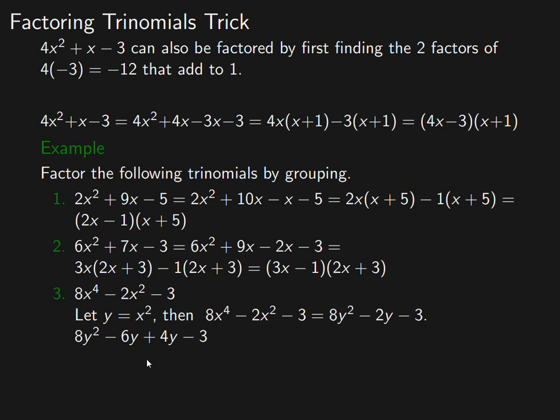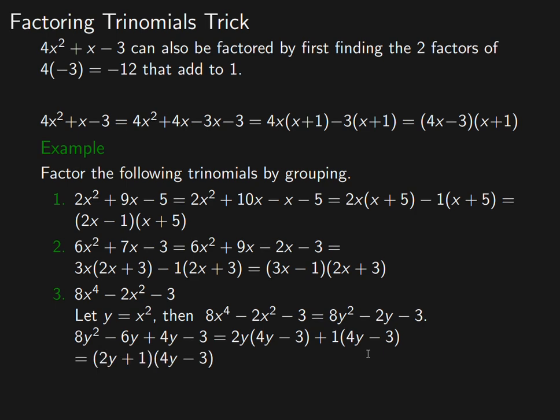So we'll factor out 2y from the first two, and we'll have 2y times 4y minus 3, and we'll factor out 1 from the last two, and we'll have plus 1 times 4y minus 3, and the GCF of these two terms is 4y minus 3, so this is equal to 2y plus 1 times 4y minus 3.